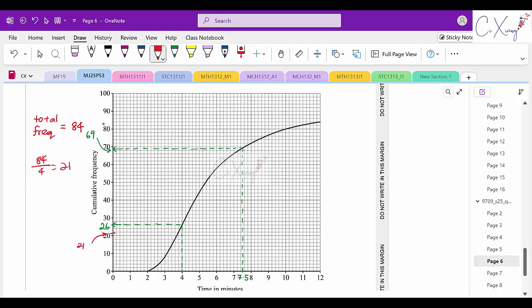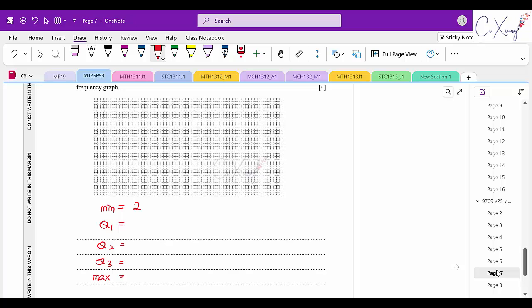This is 21. Then reflect it downwards to the x-axis and read the value. By right it should be 3.7 more or less. Therefore my Q1 is 3.7.